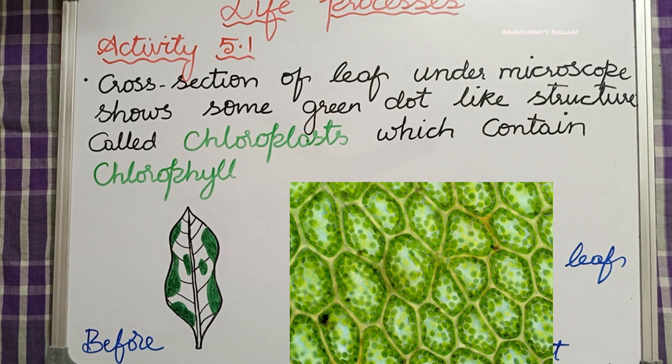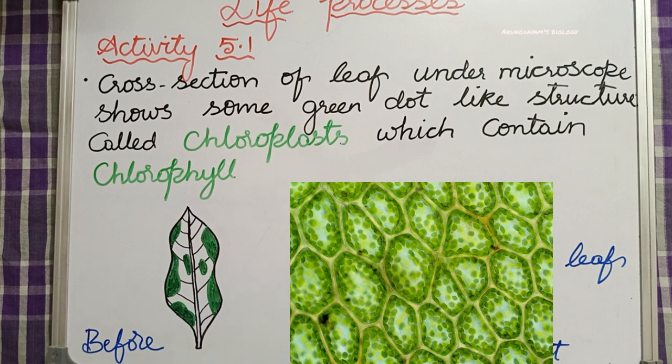So of course, if we take a cross section of a leaf, we can find so many cells. In those cells, we can notice green colored dot like structures. These green colored dot like structures are nothing but cell organelles called chloroplasts, and each chloroplast contains a green color pigment called chlorophyll.